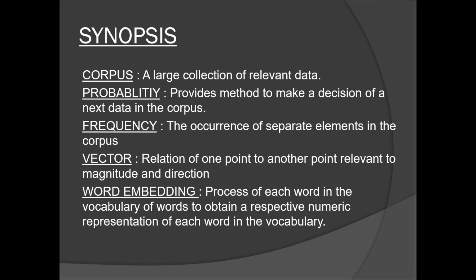So to continue with word embedding. Word embedding is the process of relating one word to another in a computer readable form, in the form of matrices. That is, processing of each word in numeric formats in the form of matrices to assign its value. So these are a few basic terms.